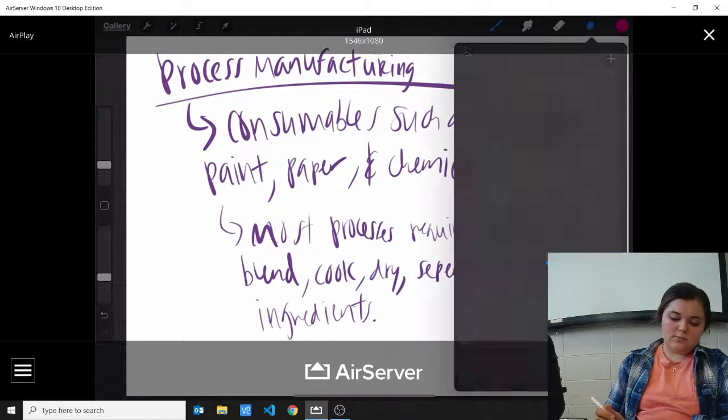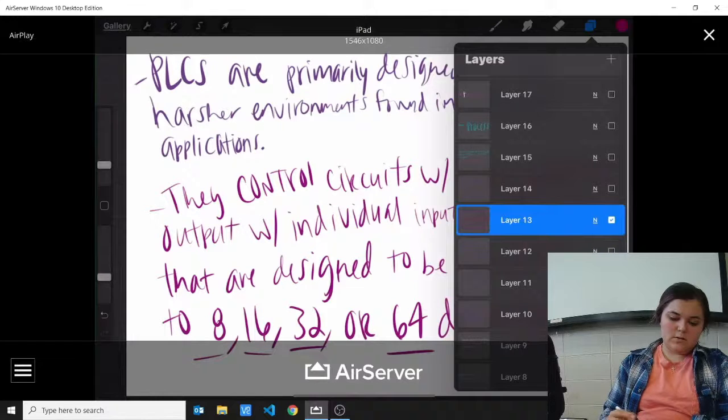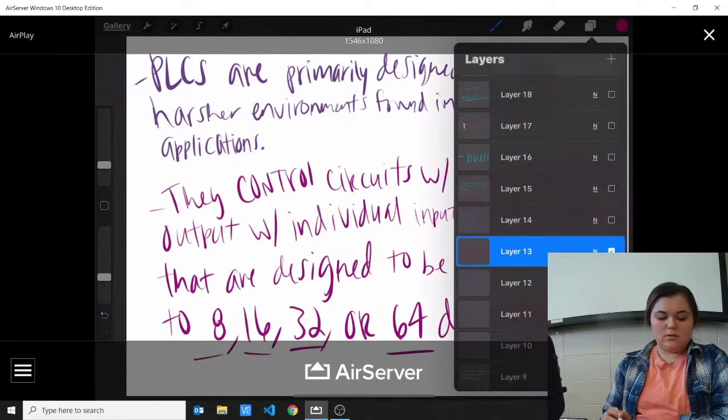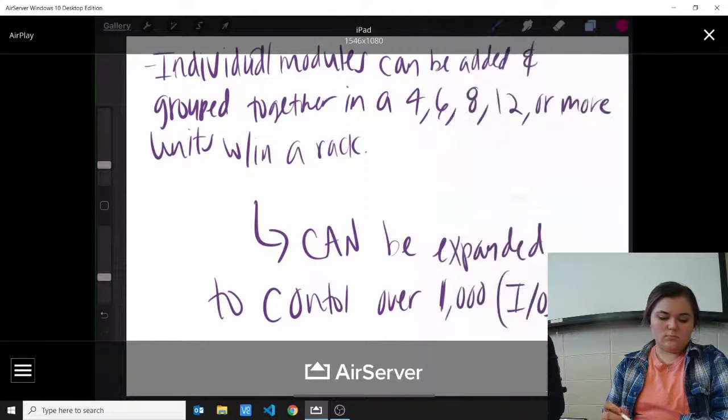And then let's see. PLCs are primarily designed for the harsher environments found in industrial applications. They can be expanded to control over thousands of inputs and outputs.